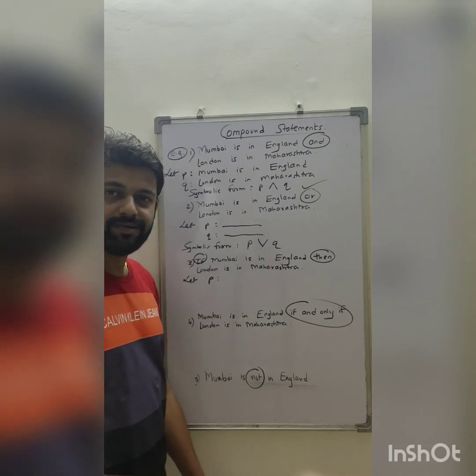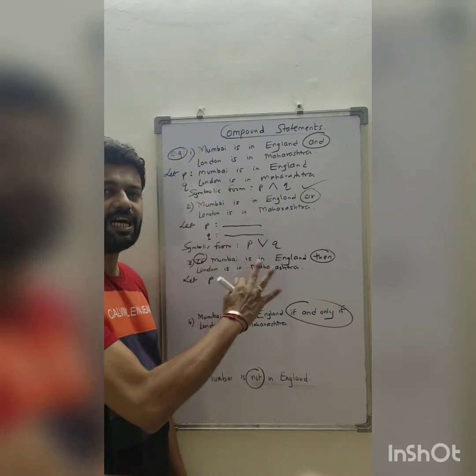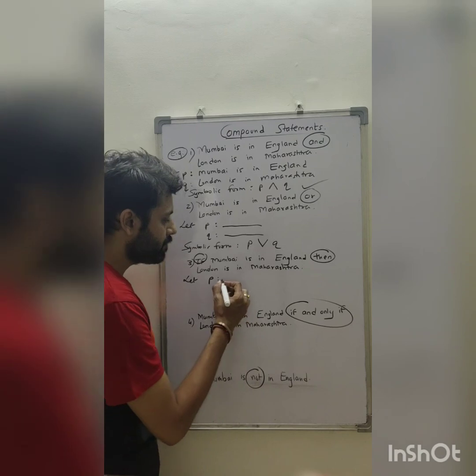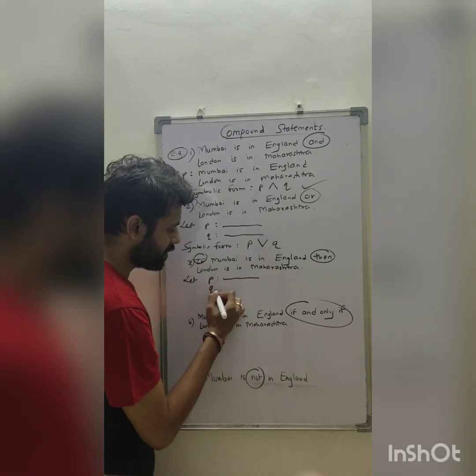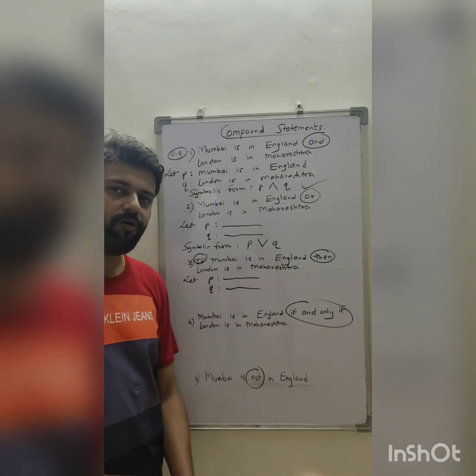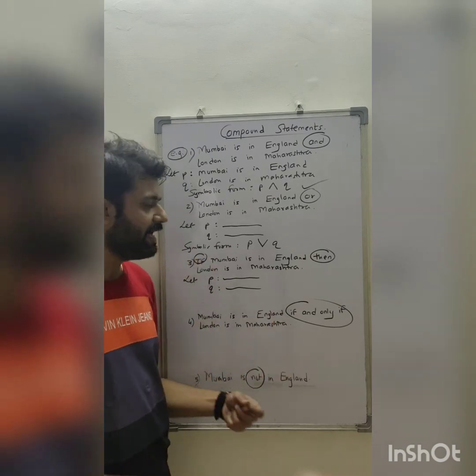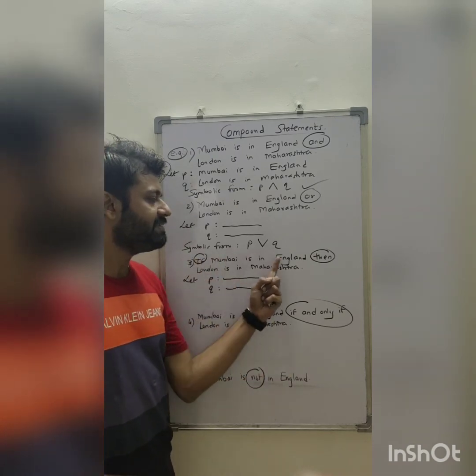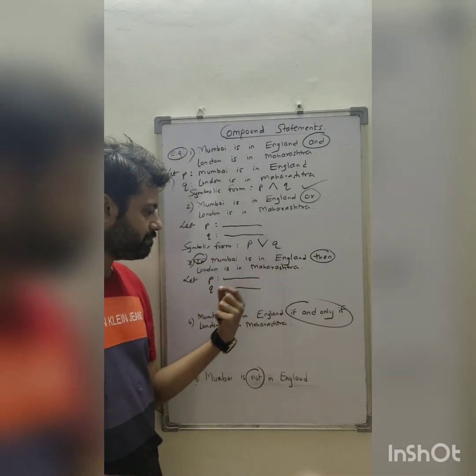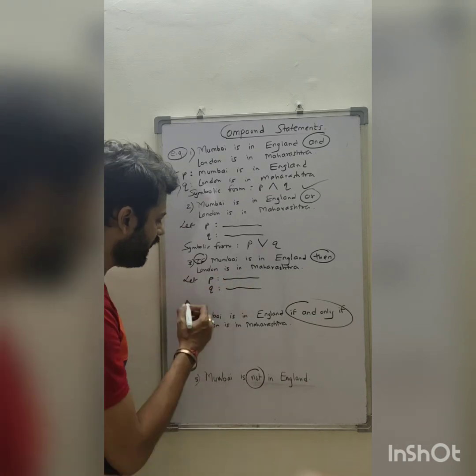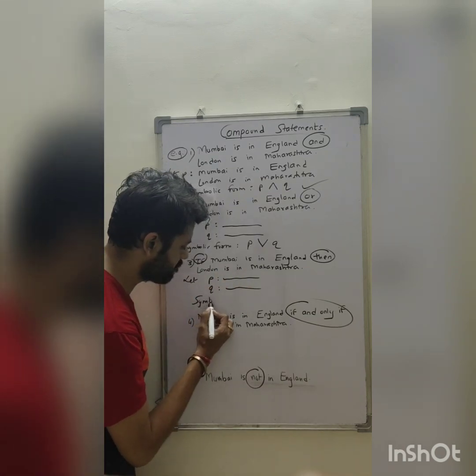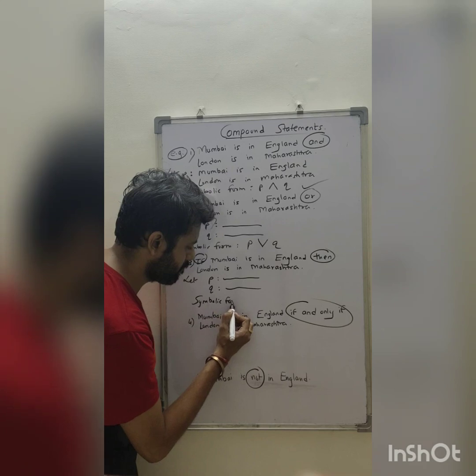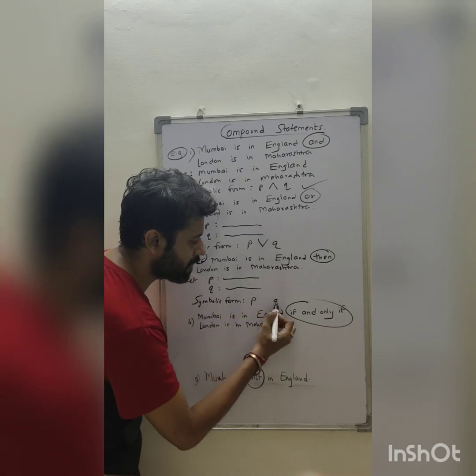Let us work out the symbolic form for the third statement. Let p be, Mumbai is in England. Let q be, London is in Maharashtra. The symbolic form of this is p, q.